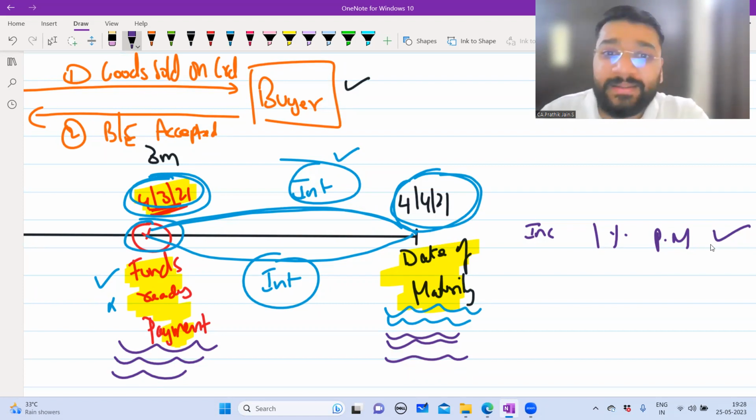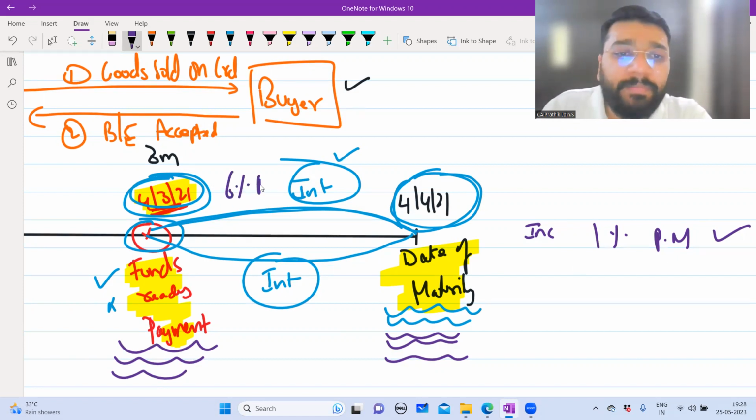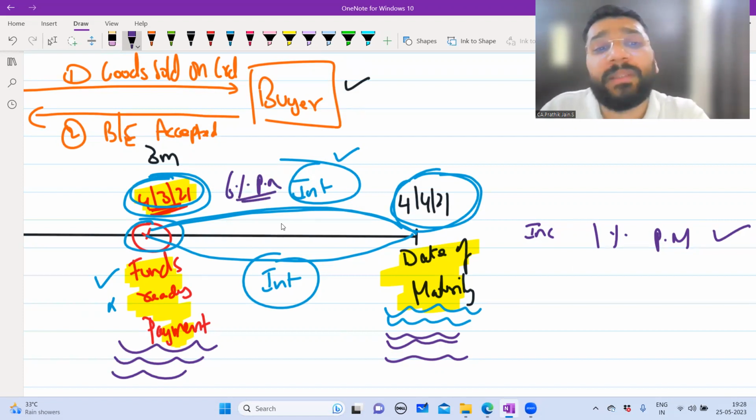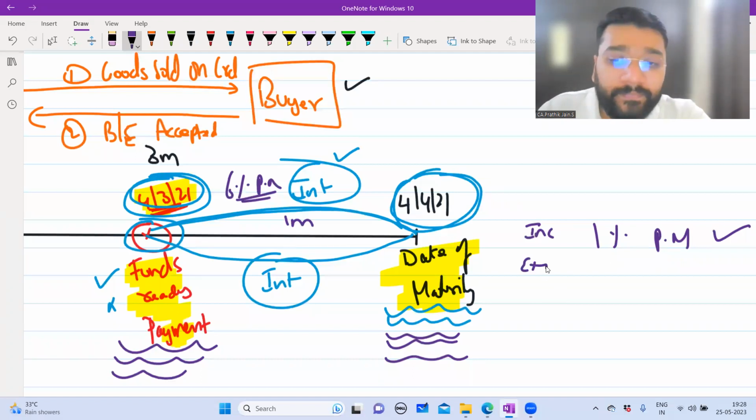Which means that for earning this 1%, the interest this fellow is asking is, let's suppose, 6% per annum. 6% per annum means for 1 month, how much? 0.5%. 0.5% is the per month expenditure.